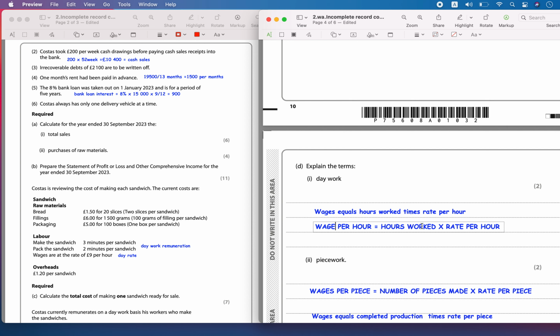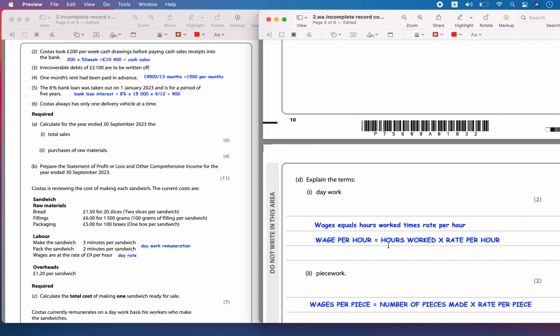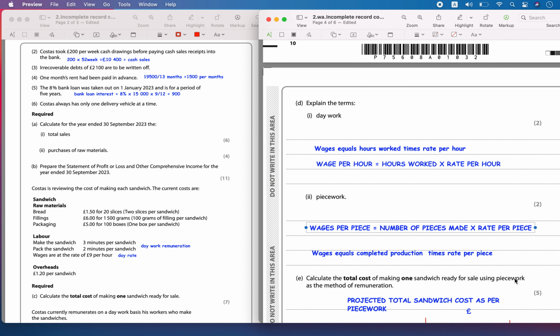We also saw that here: rate per minute times how many minutes he worked. Then piecework is wages paid per piece: you see how many pieces were made and the rate paid per piece.